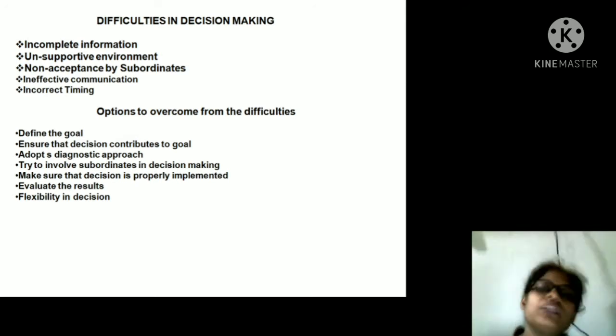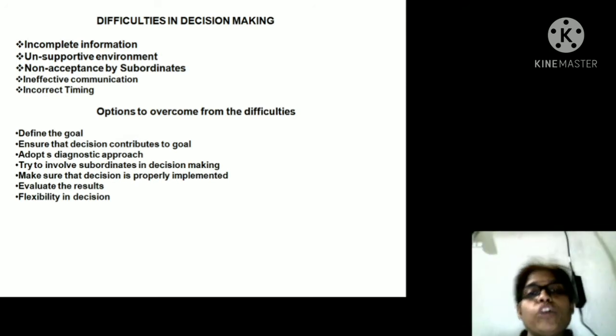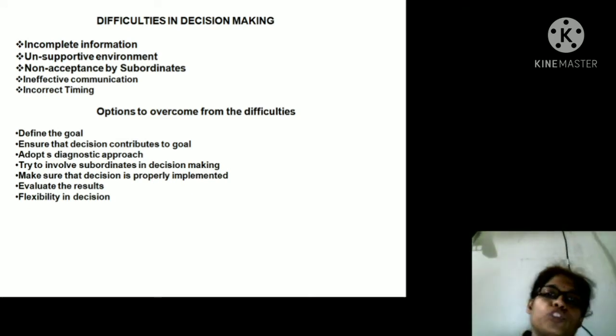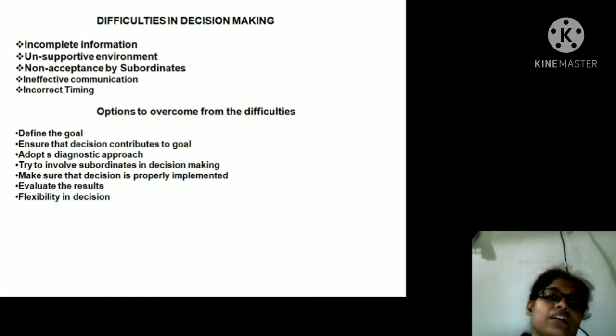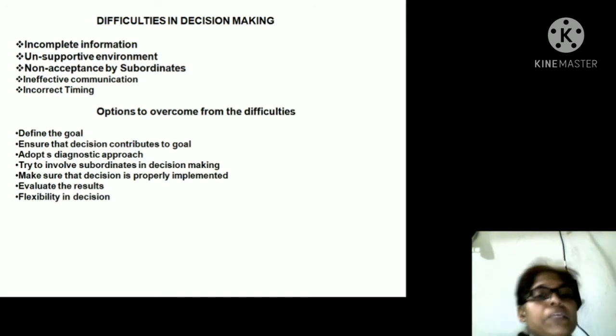Today we will see the difficulties in decision making. What may be the difficulties which managers may face in the process of decision making? These difficulties may be incomplete information. As the problem has arisen, the decision has to be taken on that specific problem. Now if the decision maker, the manager, has incomplete information, or whatever information is available is not proper, then how can the decision be made?